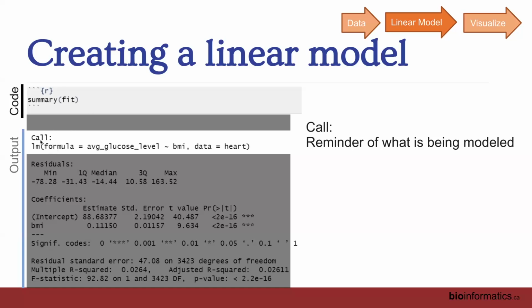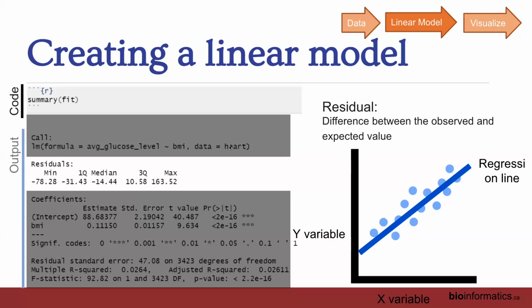The formula of lm, the linear model that we're fitting, is average glucose as a function of BMI. So there is that directionality. We're seeing how much influence glucose has on an individual's BMI. And then the data that we're getting is from the heart data set.